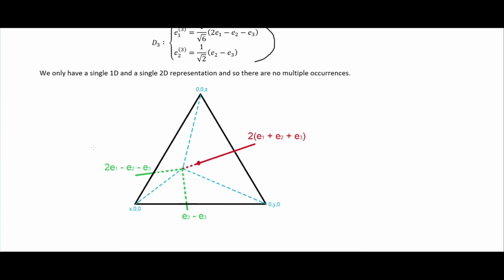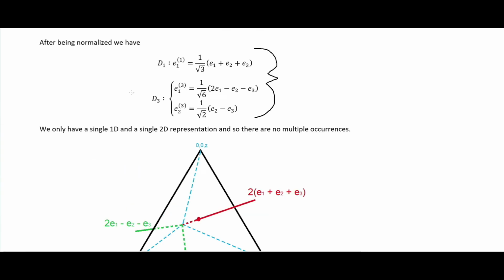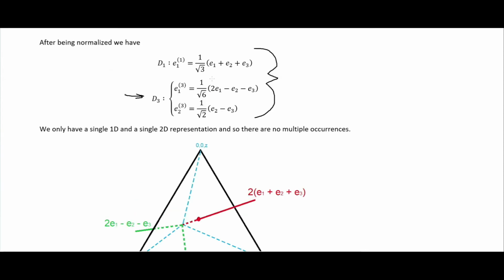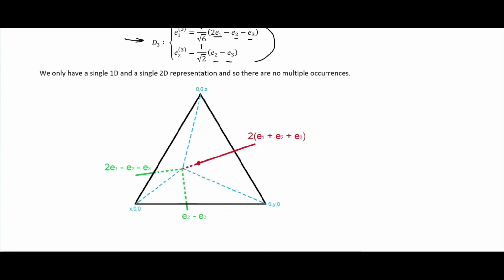And so these green ones are for the D3 representation bases. I didn't measure these out; I just eyeballed it and guessed in my head what those would look like, based on how the E1 minus E2 minus E3 and the E2 minus E3 work out.